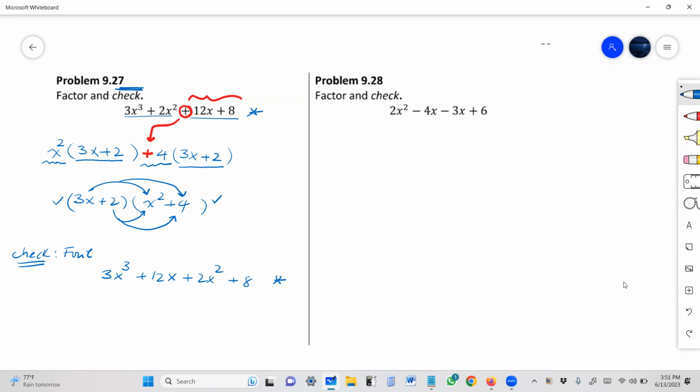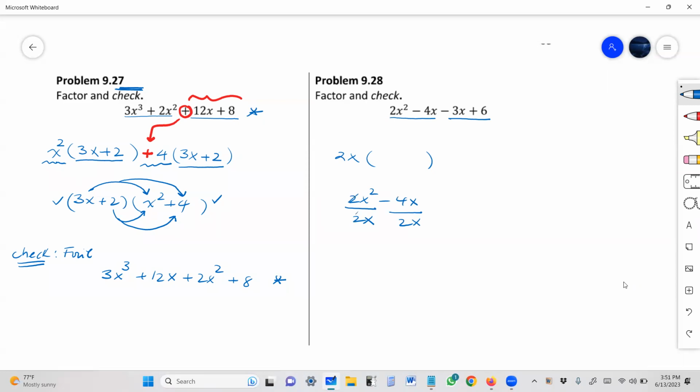I see 4 terms. I suspect it's factoring by grouping, so I'm going to group the first 2 and the second 2. Same as before, for the first group, find the GCF, which is 2x. Open and close parentheses: 2x squared minus 4x, each divided by the GCF 2x.